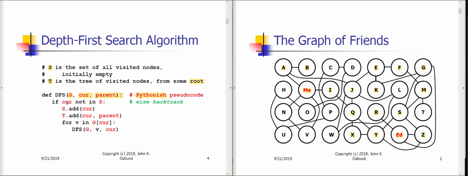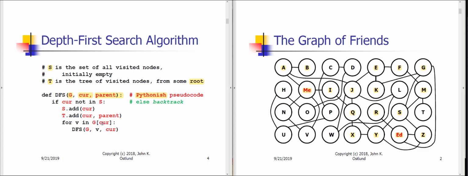Okay, now, if the current node has not already been visited, then we're going to add the current node to the set that have been visited, and we're going to add the current node to the tree with its parent as the parent. Then, for each node in the immediate neighbors of the current node, and we've been careful to build our graph in such a way that these are alphabetical. At some level, that doesn't really matter.